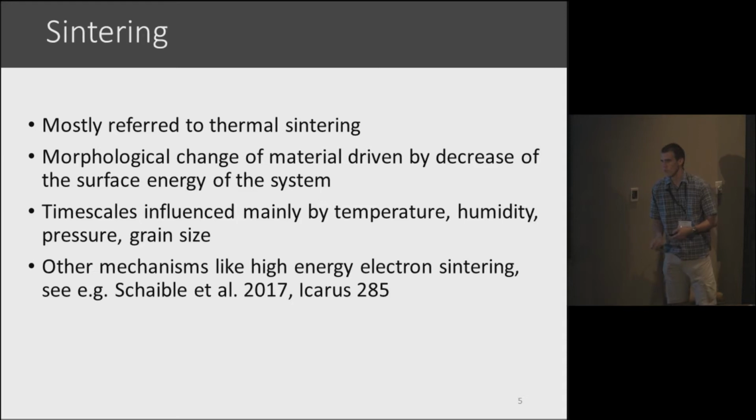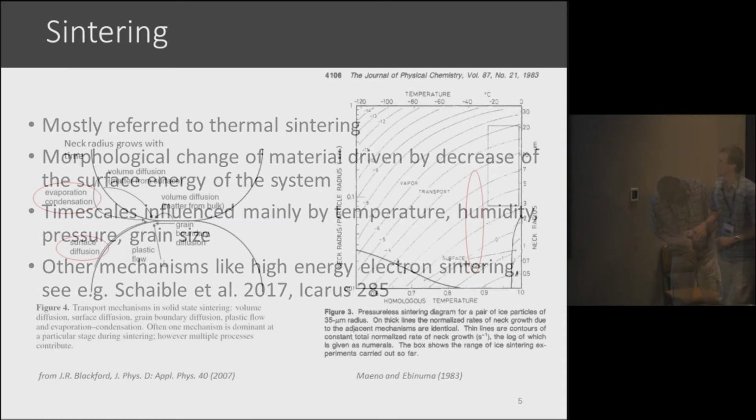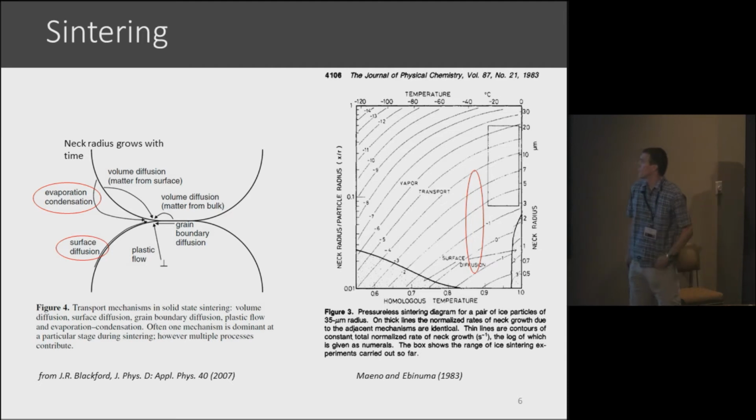The smaller the grains, the faster they sinter. In this regime of grain sizes, we are mainly dealing with two different processes: evaporation-condensation between grains, and surface diffusion. Plastic flow or volume diffusion does not really play a role in this regime.